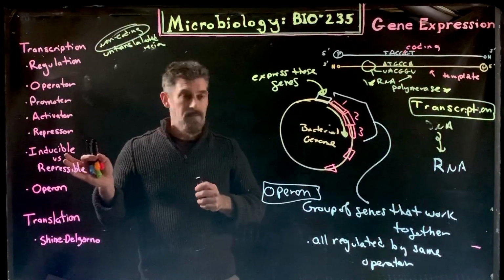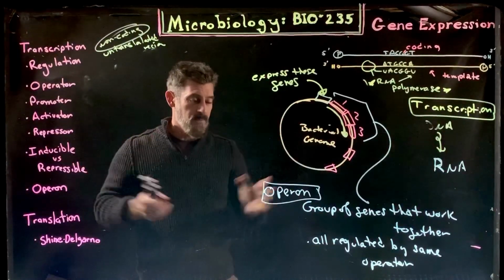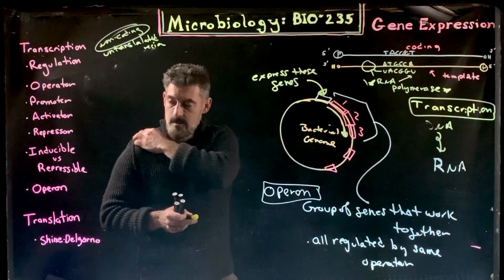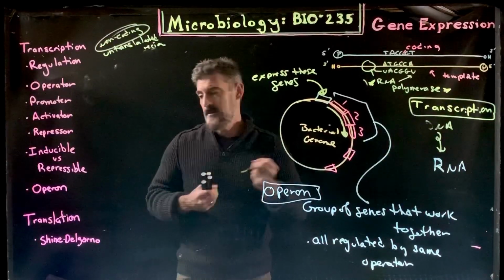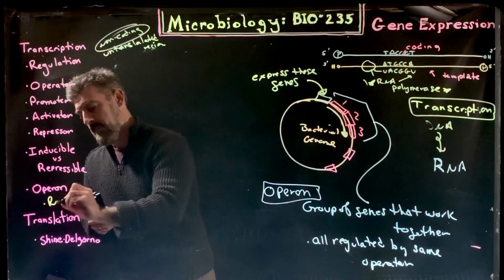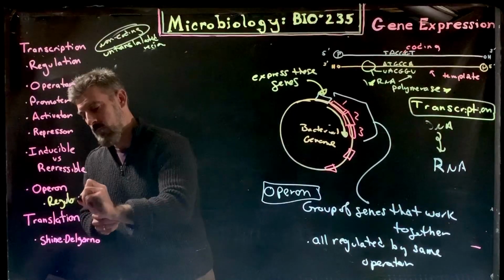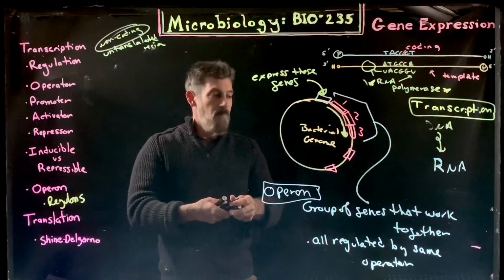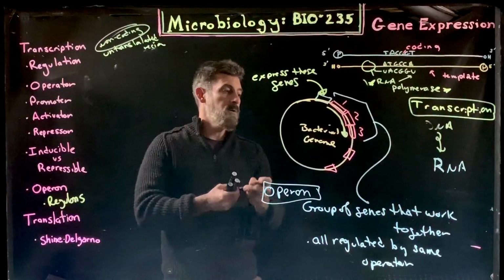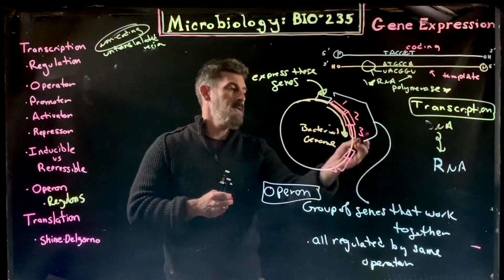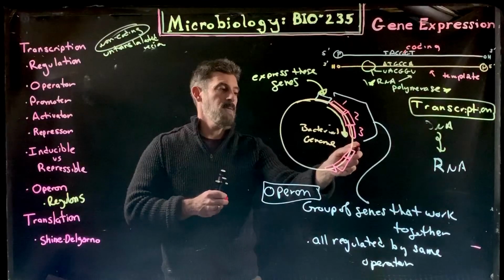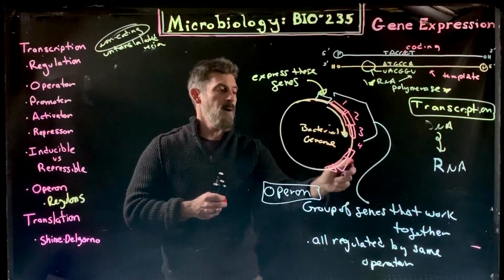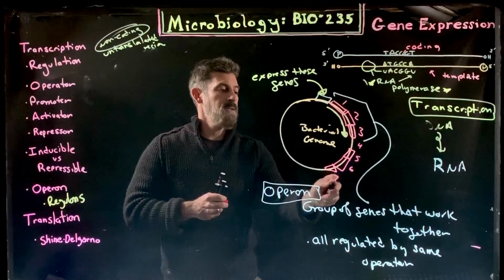I'm going to go over a specific example of a lac operon, but right now I'm just going to introduce a couple of terms. You also have things called regulons, which is where you might see even more global control. So maybe you have a different set of genes. So maybe gene number 4 is in here, and that's not part of this, but now we have 5, 6, and 7.